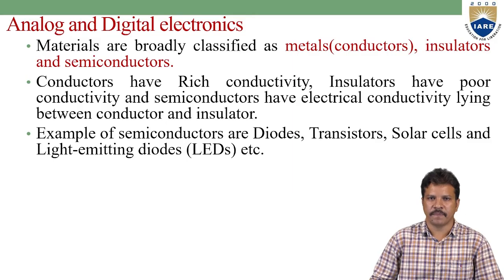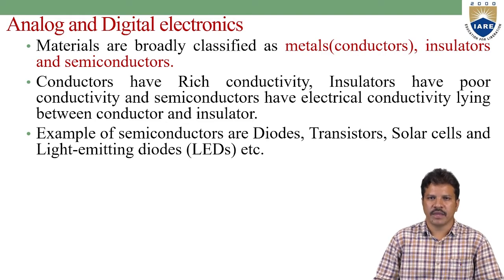Let us see the first part, analog electronics. In this part, the students should be able to understand the fundamental knowledge of semiconductor devices and the p-n junction diode and its characteristics.